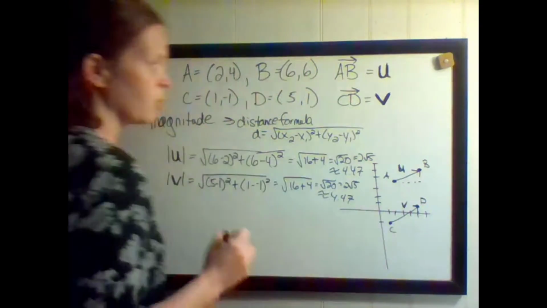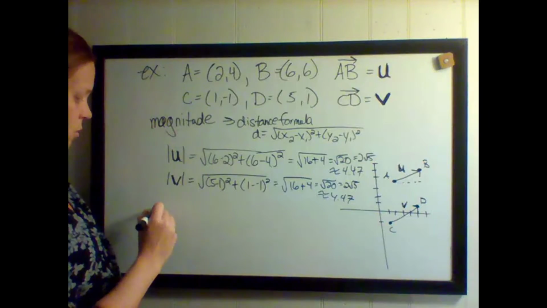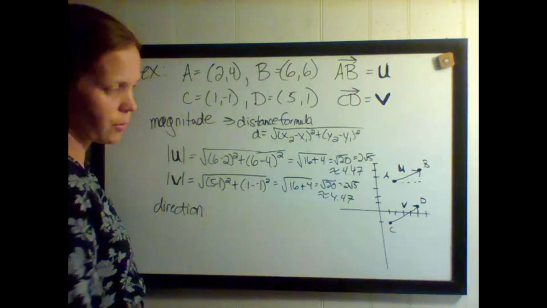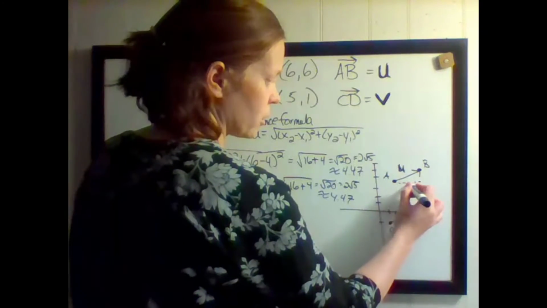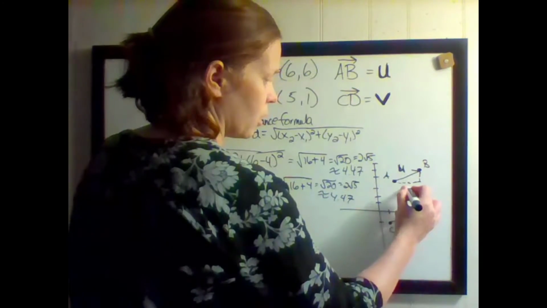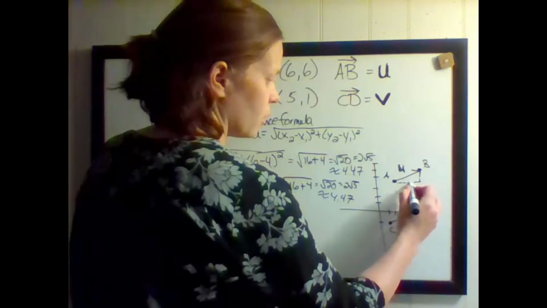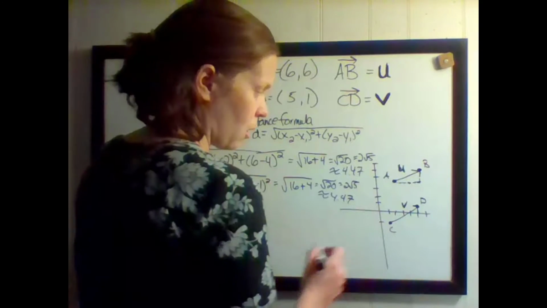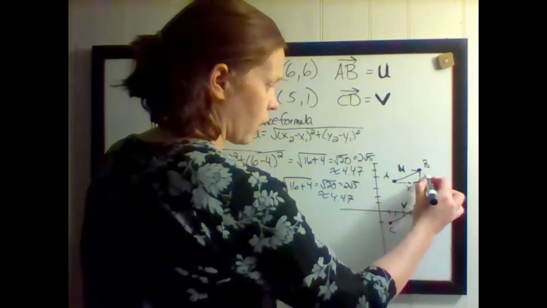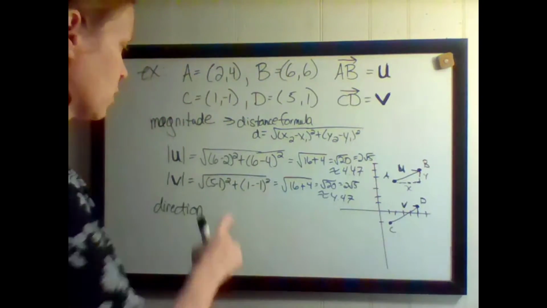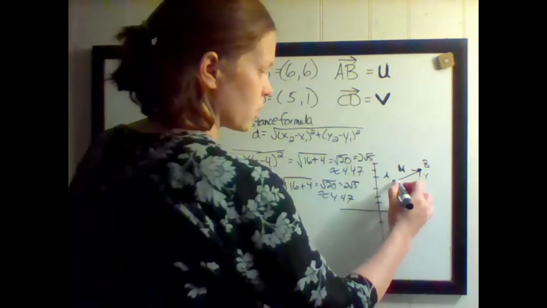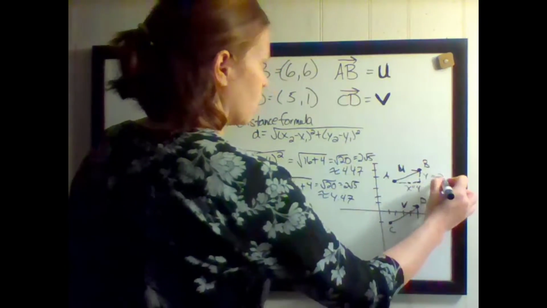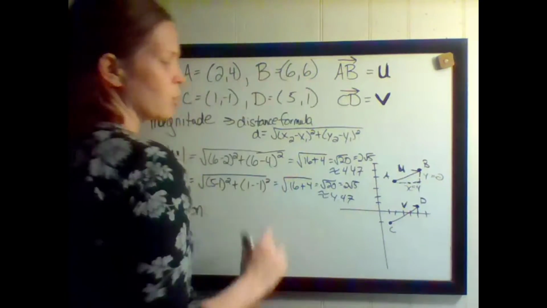So now let's see if they're in the same direction. We just found they have the same magnitude. Now let's check the direction. To find the direction, or the angle, I already started drawing a triangle on this one. This is the x value right here and the y value of the difference. Between 6 and 2 is 4, and between 6 and 4 is 2.